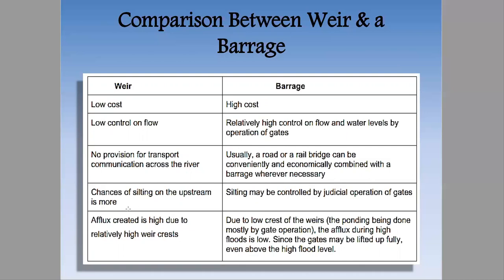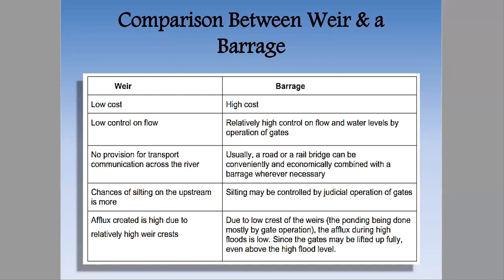Okay, chances of silting on the upstream are more. Yes, of course, silting will be higher because we have no provisions, and we have severe problems of silting in a weir, as there is no provision for removing the deposited pebble stones or small stones near the structure.